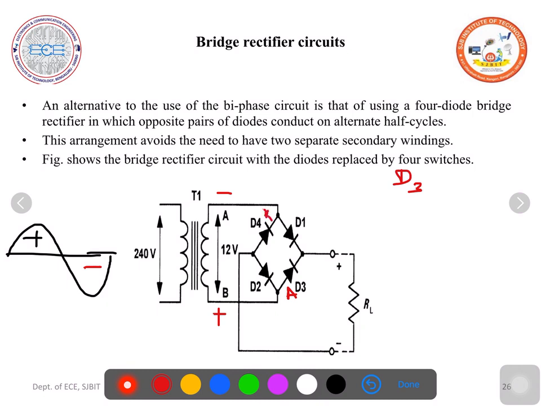D4 cathode is at negative potential, so D3 and D4 are on during negative half cycle. Similarly, anode of D1 is at negative potential, so it is reverse biased. D2 cathode is at positive potential, so D1 and D2 are off.